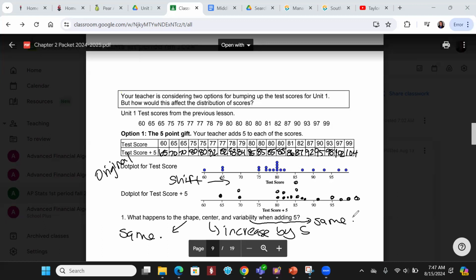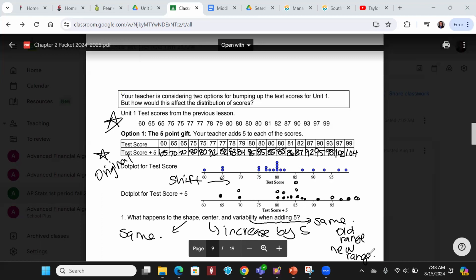Okay, really quick, I would like for you to find the mean of the original and the mean of the new and put it down here. And then I would like for you to find the old range and the new range. You can either do this by hand, or remember, you can plug this into your TI Nspire.